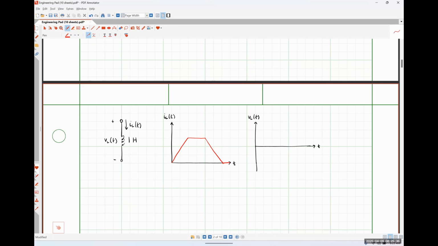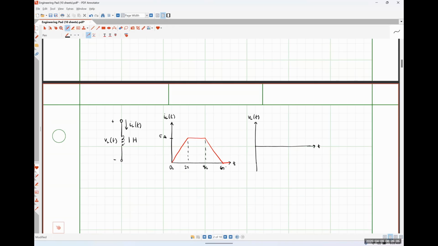Let's throw some numbers at this thing, right? So let's say that this is 5 amps. This point in time is 2 seconds. This point in time is 4 seconds. This point in time is 6 seconds, and so on.